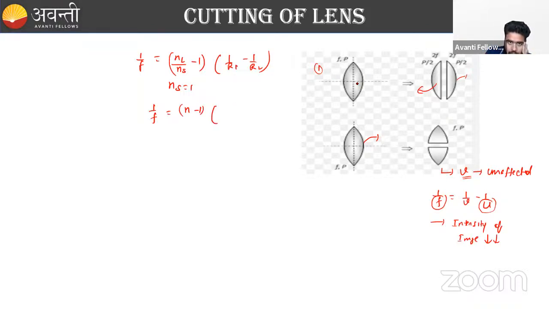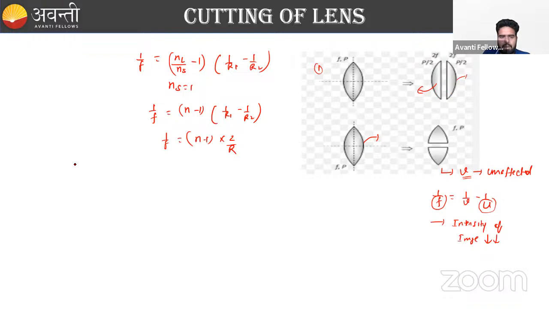If we consider that R1 and R2 are the same in this case, then we can say that 1/f = (n - 1)(2/r).